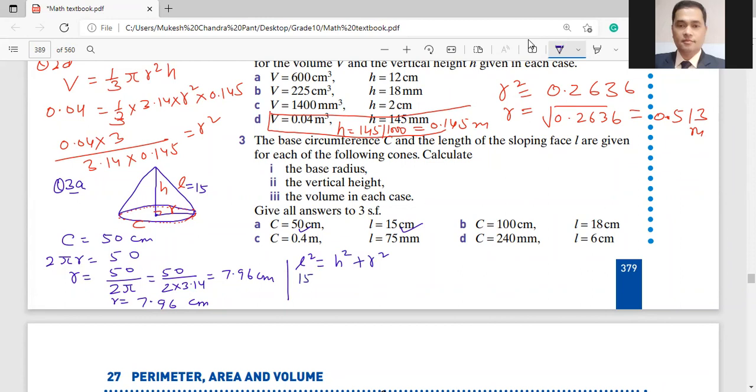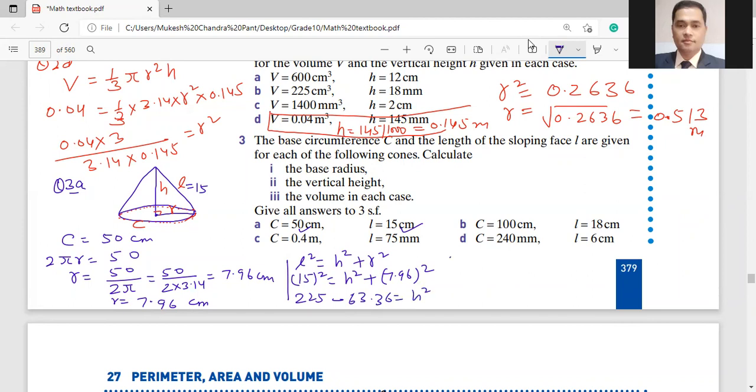L means 15, its square, equals H square plus R square, R is 7.96 squared. Square of 15 is 225. You can shift the square of 7.96 to this side, and this will be negative. 7.96 times 7.96 is 63.36, equals H square.